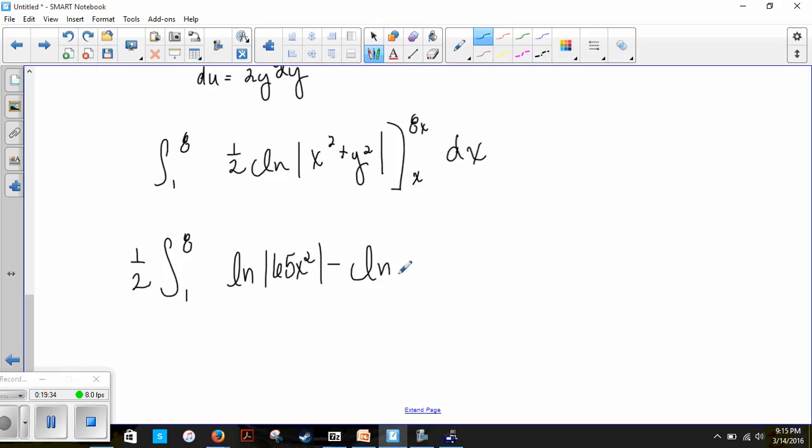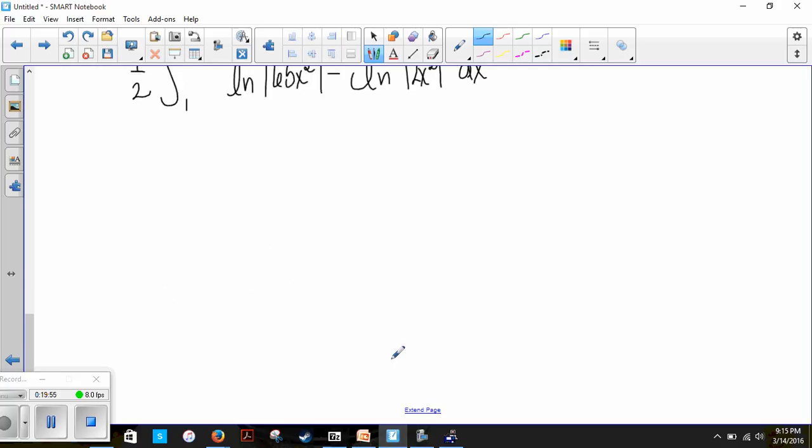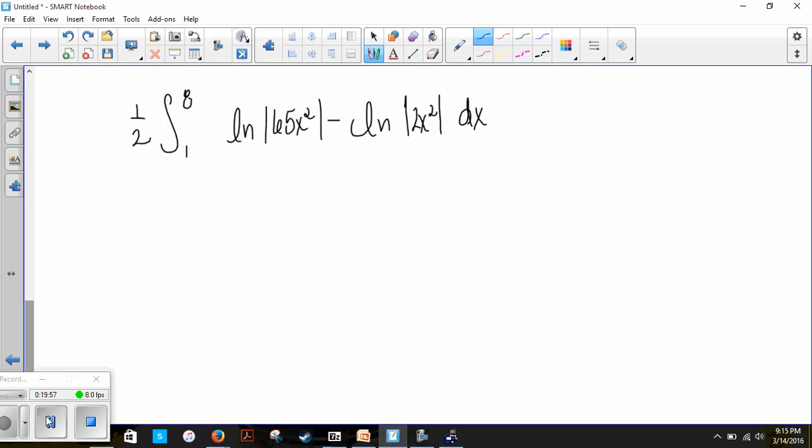minus ln, plug in just the x, so how about an x squared? Oh, 2x squared, because I got 2 of those in there. dx. Well, we could split them up, but it's not really necessary.